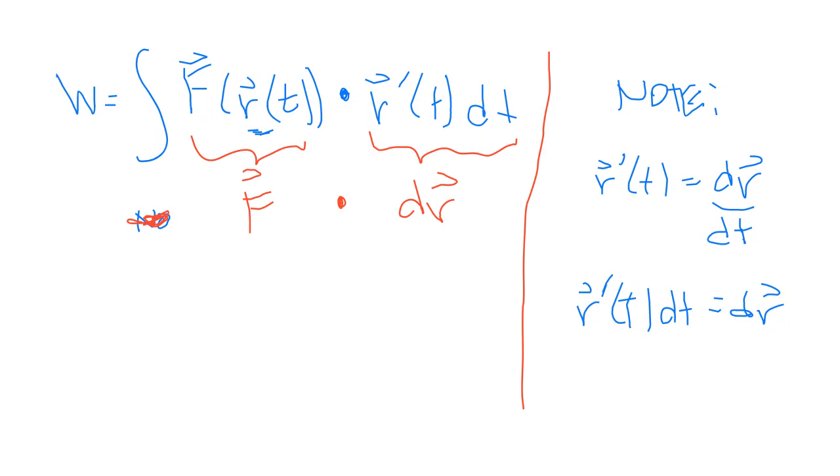So hence, the shorthand notation for work, over some path C, is equal to this. Okay, just trying to keep it nice and simple for us. Are there any questions on that?